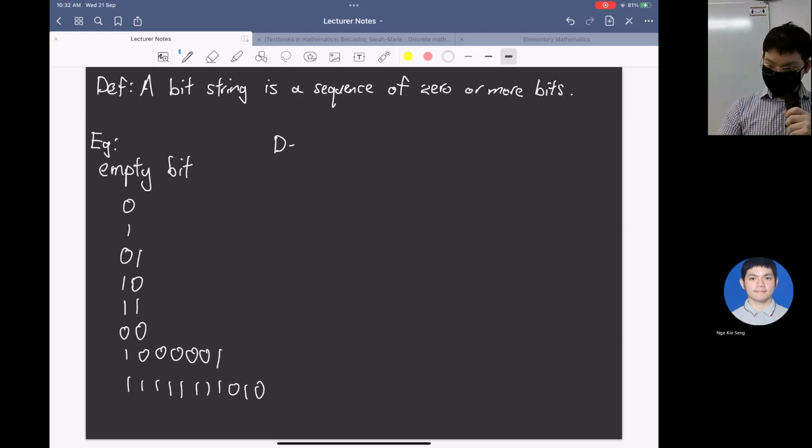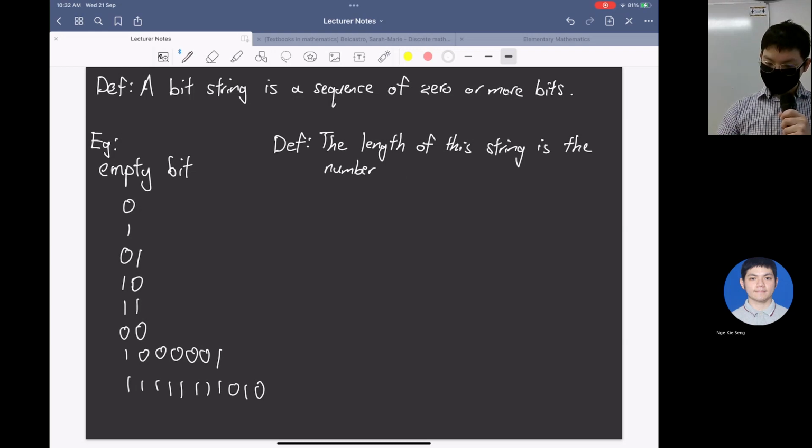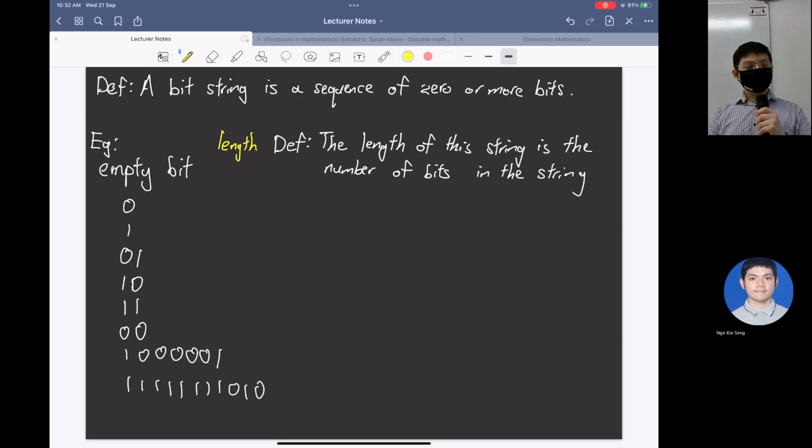Any question? No question. So definition: the length of this string is the number of bits in the string. For example, what's the length of the empty string? 0.